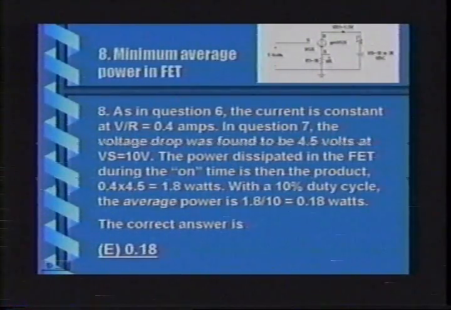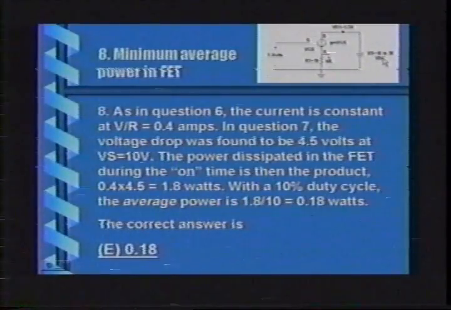Remember, the current is constant throughout this process. So all we need is the voltage across here to find the power. As in question number 6, the current is 0.4 amperes. In question number 7, we found the voltage drop was 4.5 volts when this source is 10.